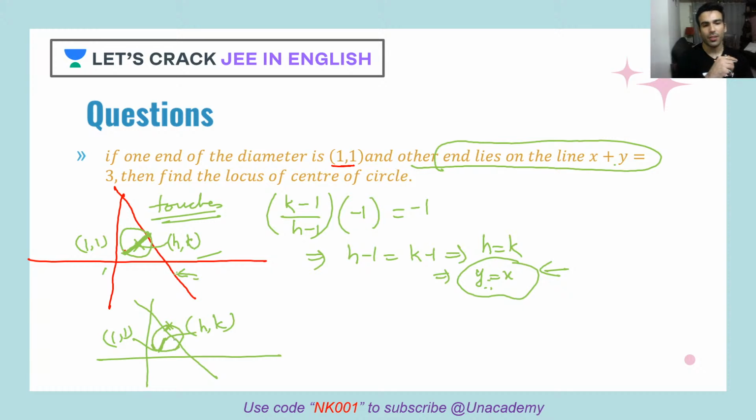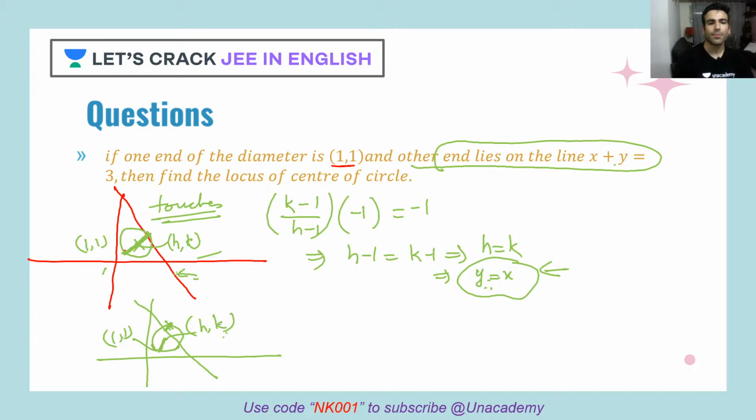What exactly can we do? One thing is we can calculate this point's coordinates using 1 comma 1 and h comma k, and satisfy those points in the line's equation. Clear? Yes, that's what we can do.